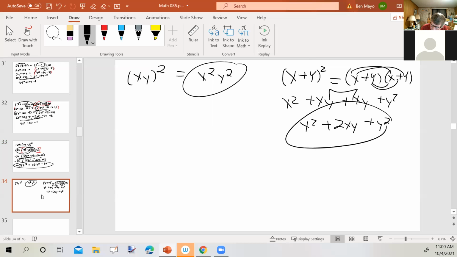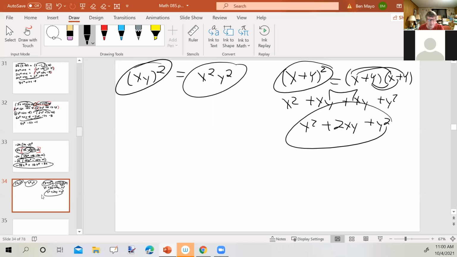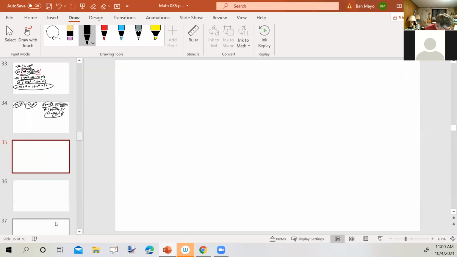So note the difference, okay? A product raised to a power, you do this. A sum raised to a power, you don't write x squared plus y squared. There's that middle term in there, okay? Here's another example of that.